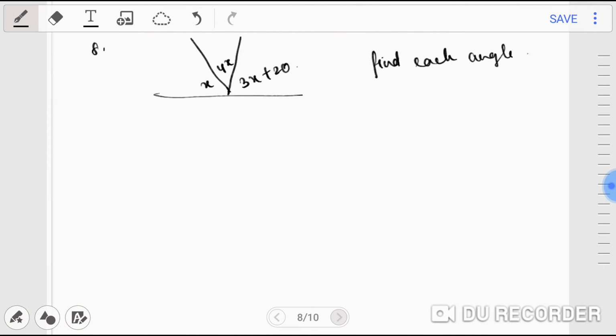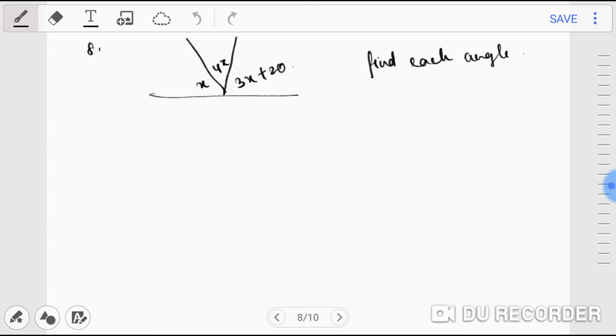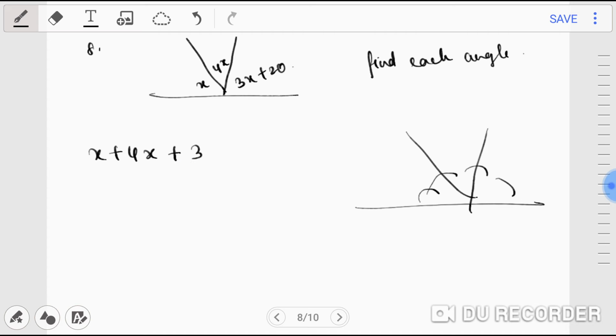Next, you have been given 3 angles on a linear line. That is, if you have angles on one line, you know very well that when we add them, we will get 180. So we add x plus 4x plus 3x plus 20, and it will be equal to 180, because the sum of all the angles on a simple straight line is 180.